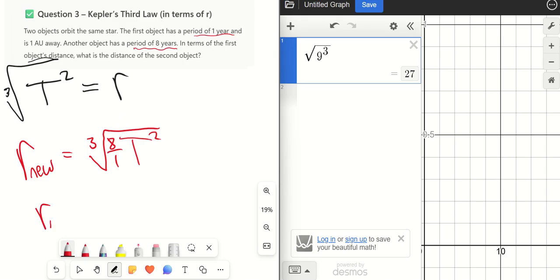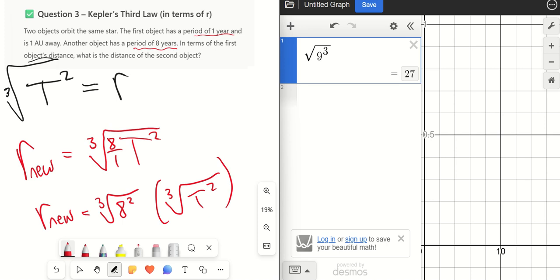So the new radius is going to be the cube root of 8 squared multiplied with the cube root of T squared. Now when I see the cube root of T squared, that is the same thing as my old radius. So because I have this right here, I could substitute that into what I see here. That is going to be how I solve this. So this is going to be my original radius.